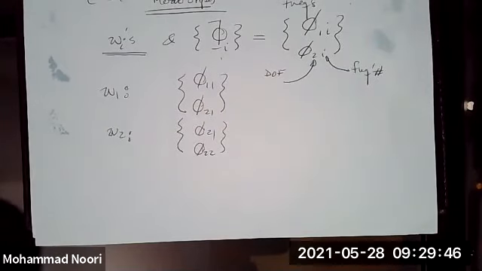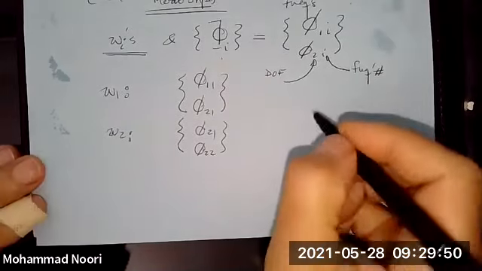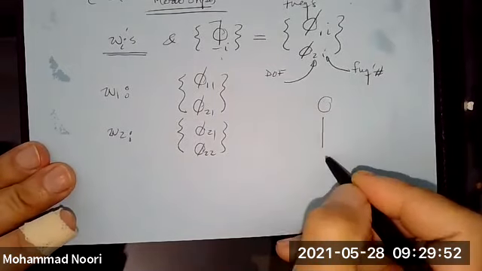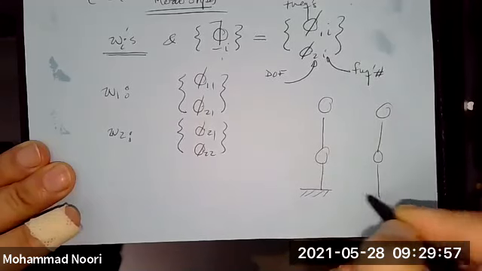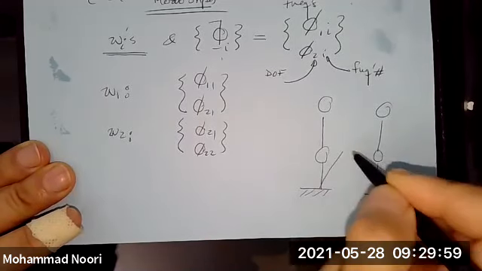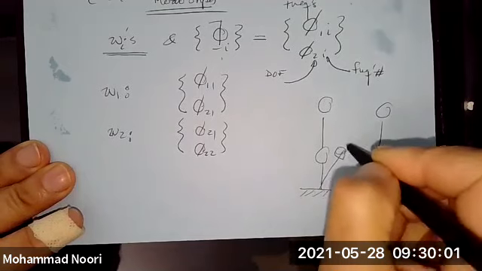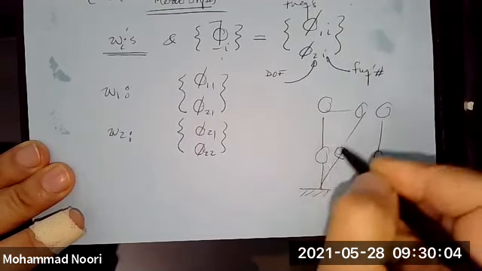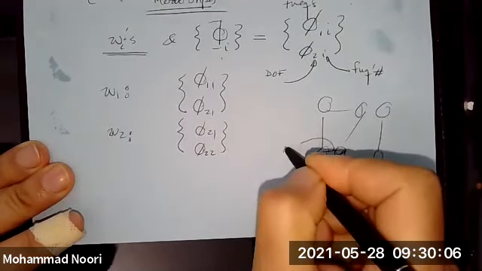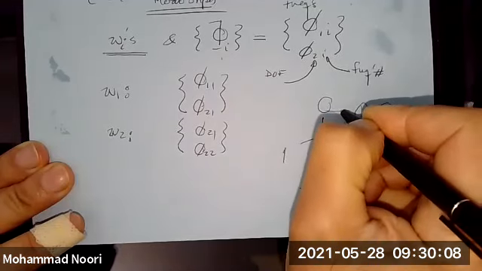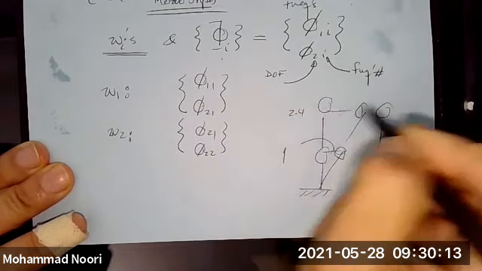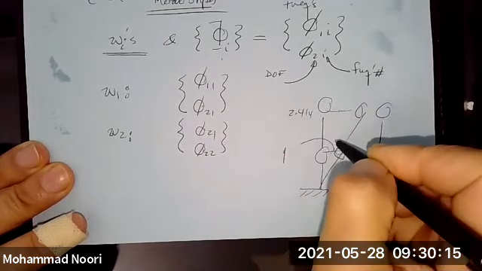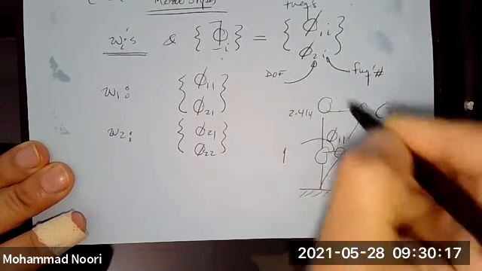So in other words, when we solved the problem last time, remember the problem that we did? For the first frequency, you had a mode shape like this. You considered this to be 1, and you found the relative value of that with respect to this, which I remember was 2.414. This is phi11.